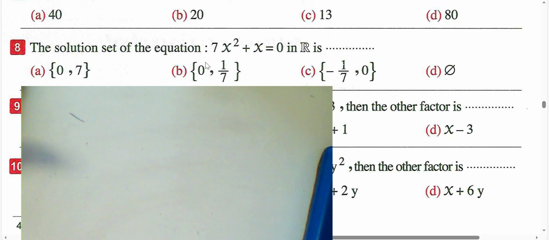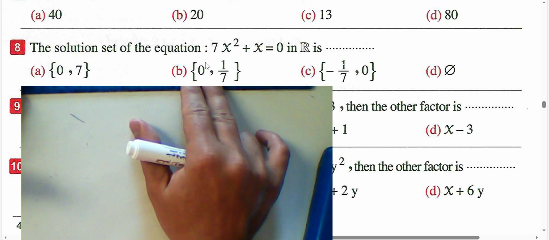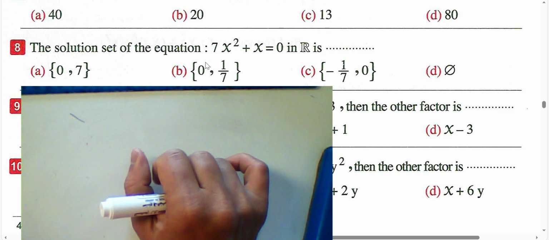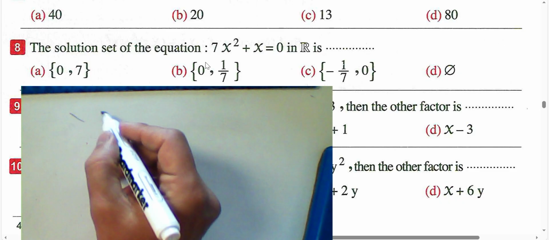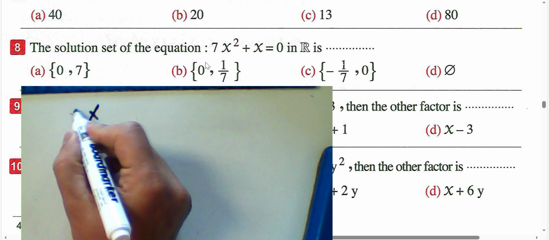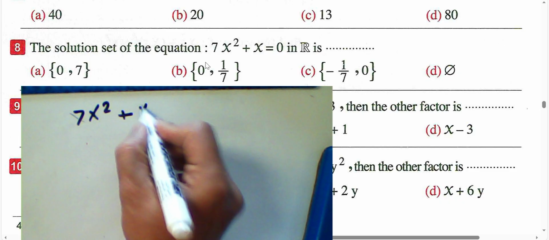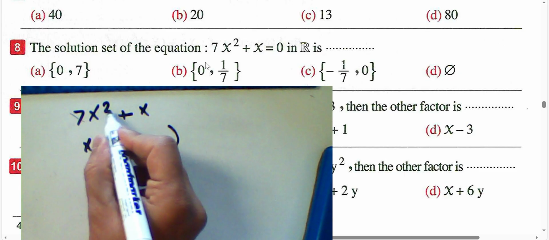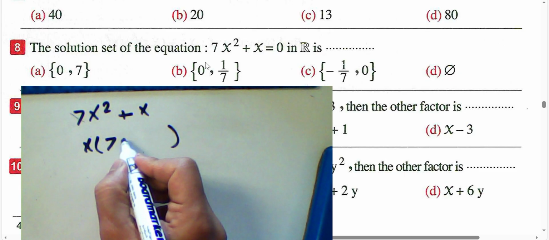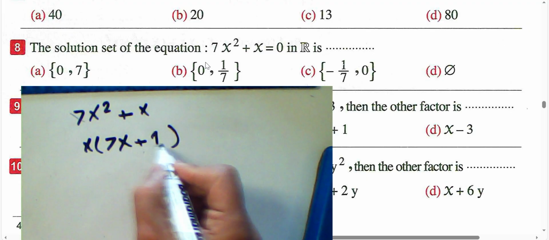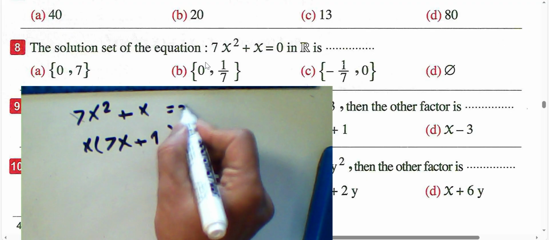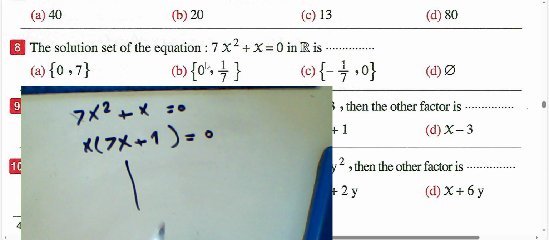Next question. The solution set of the equation 7x^2 plus x in real numbers equals 0. We can write x as the highest common factor between the terms. 7x^2 plus x. Write x as the highest common factor. 7x^2 divided by x equals 7x, and x divided by x equals 1. They equal 0. Then we have two factors. The product of them equals 0.